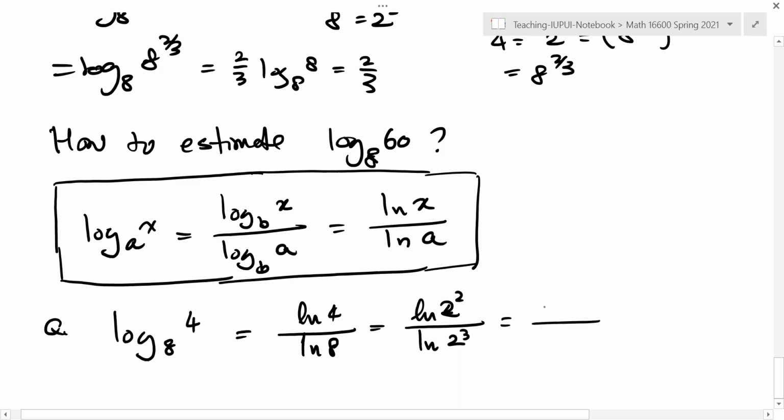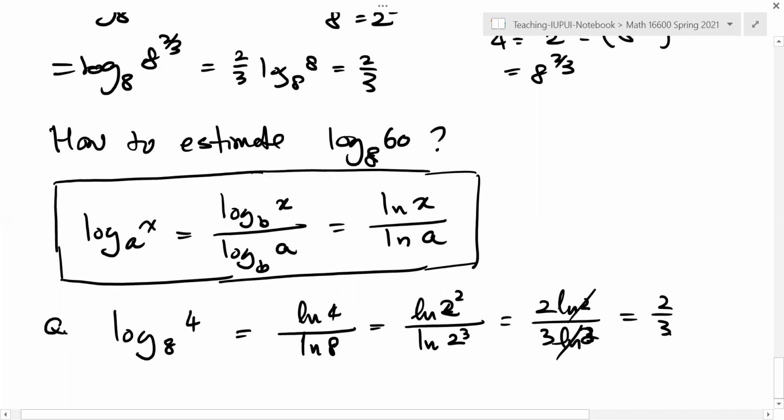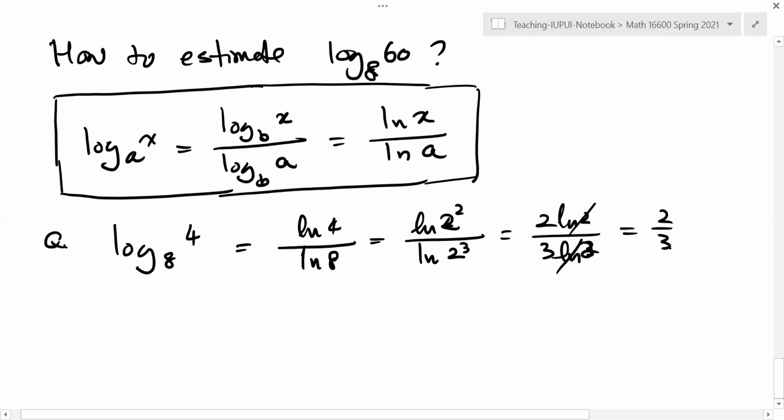So you will get 2 natural log of 2 over 3 natural log of 2. So natural log of 2, I don't need to know what the value is. So you get 2/3. Okay, right? That's a pretty quick way to do it.